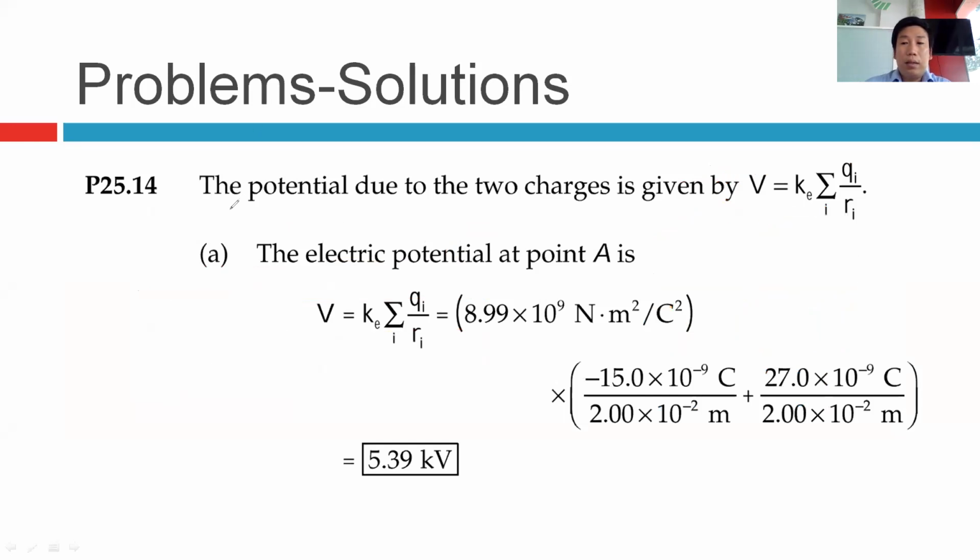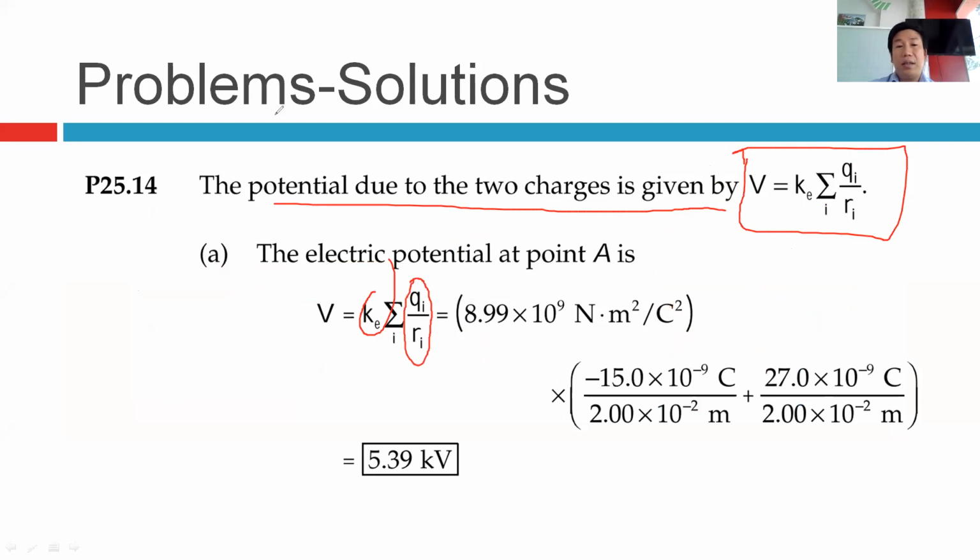So here you have the potential close to the charge. You get the sum of the potentials caused by each charge. And K is the same, right? So you just need to calculate the sum here.